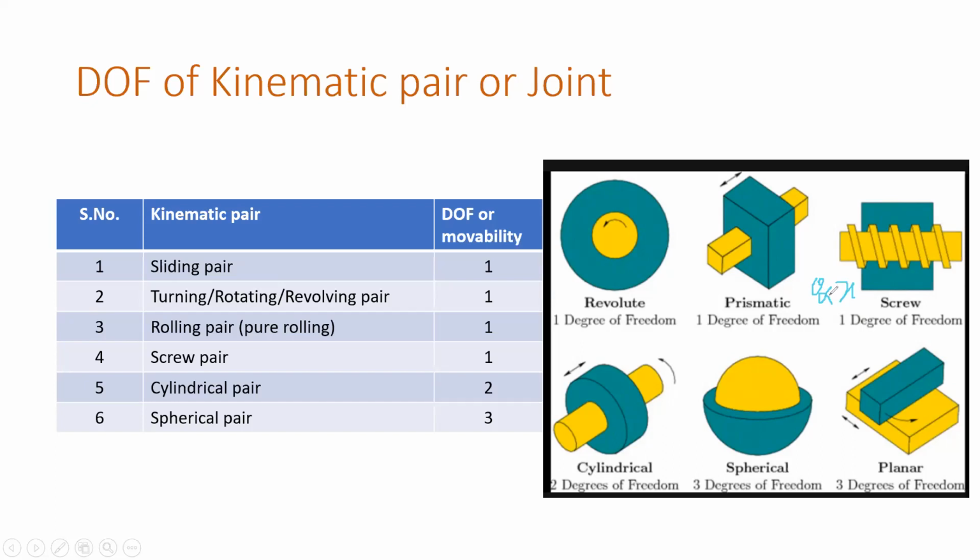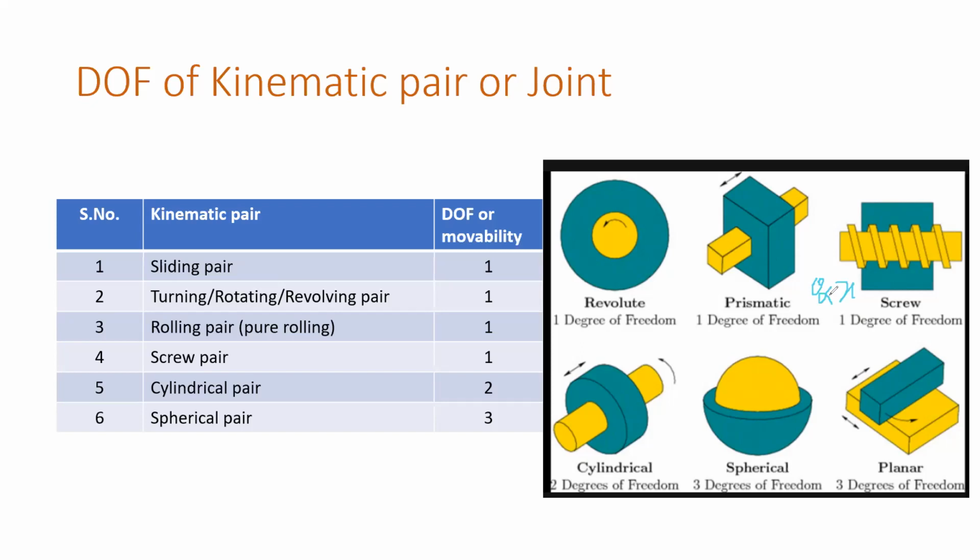If they were independent, like the rotation has nothing to do with the sliding, then we say it has 2 degrees of freedom, as we have seen in the case of a rolling wheel. If the wheel is rotating and slipping is also happening between wheel and surface, then slipping has nothing to do with the rotating. They don't have any relation. It is happening because of a lack of friction.